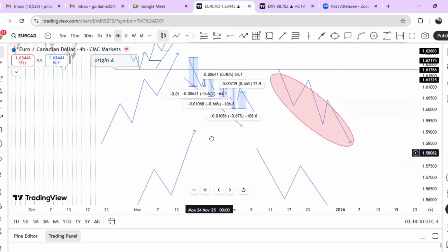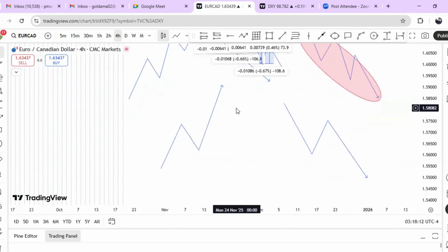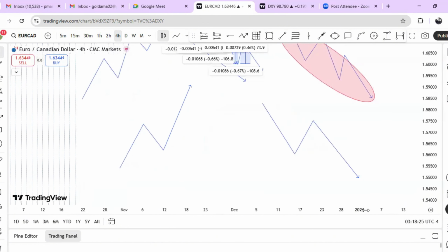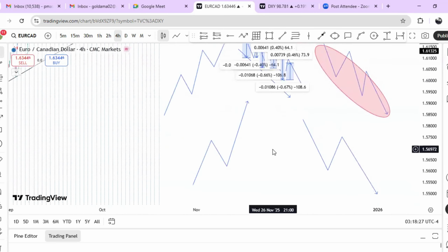You need just two moves to identify your trend: impulsive push, correction, impulse again, then you engage. You look for either of those four candles and engage.